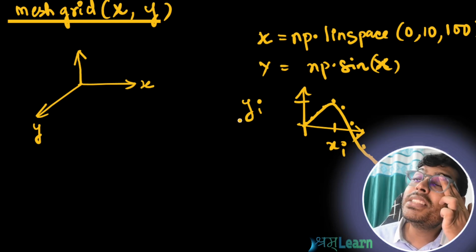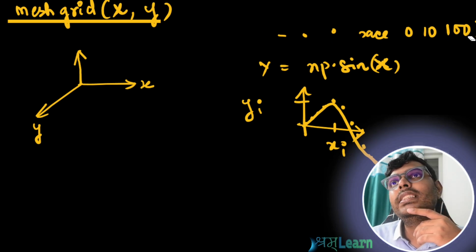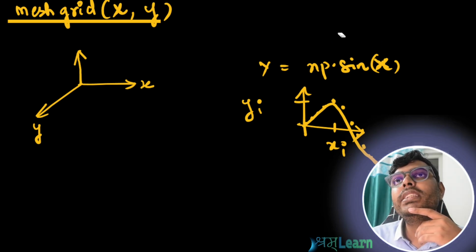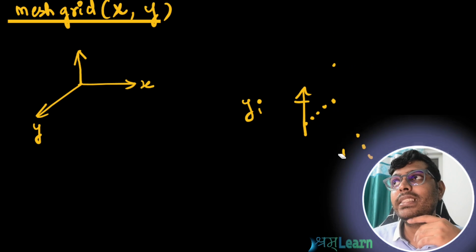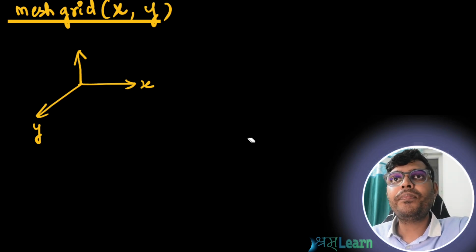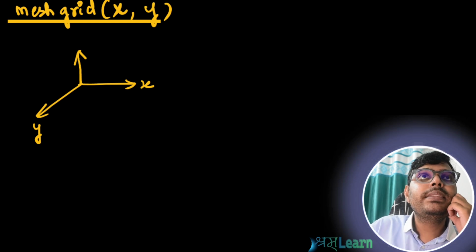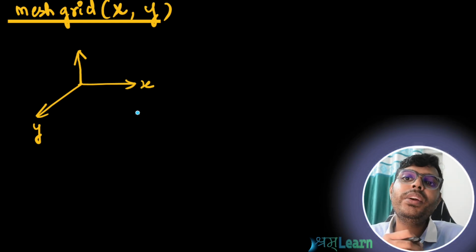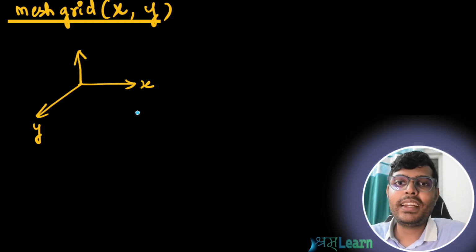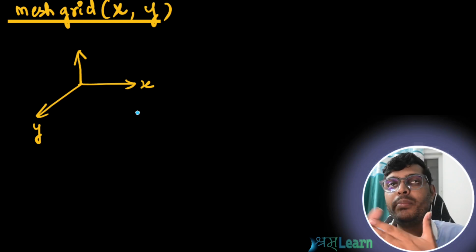But in the 3 dimension case, where f of x is no longer only dependent on x, what do we have to do? In that case we need a coordinate matrix, a grid kind of a thing, which would give us the appropriate x for the appropriate y and the appropriate y for the appropriate x.